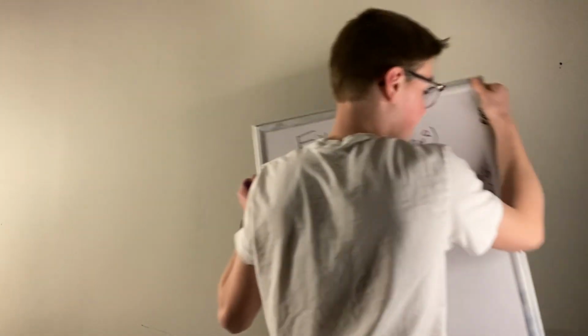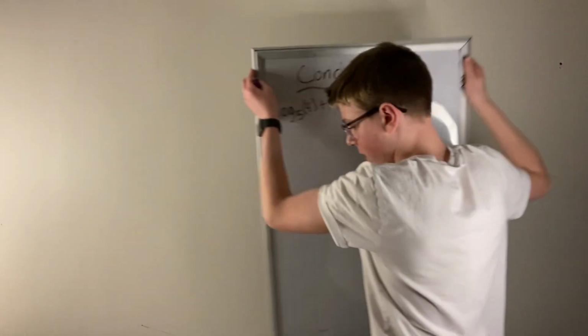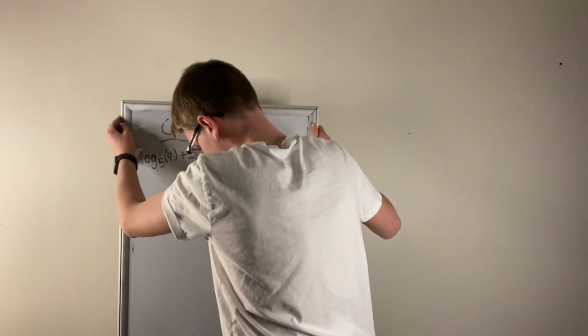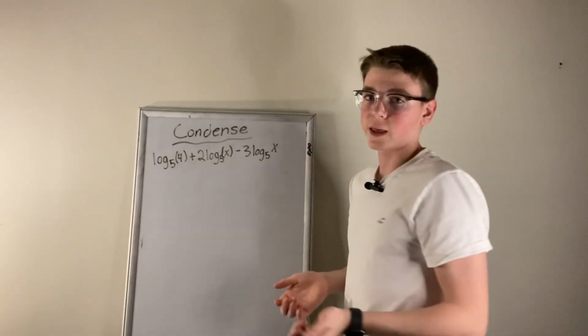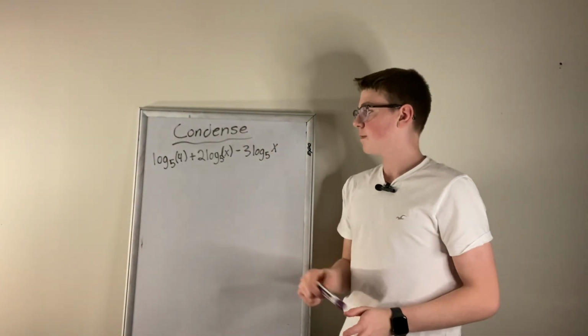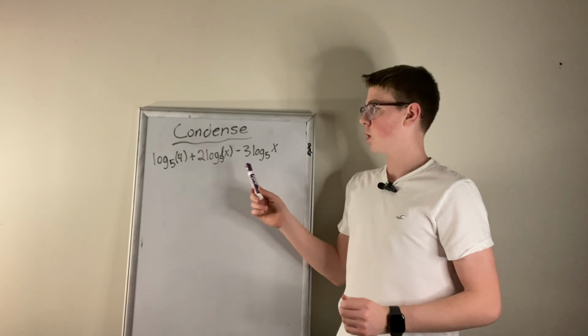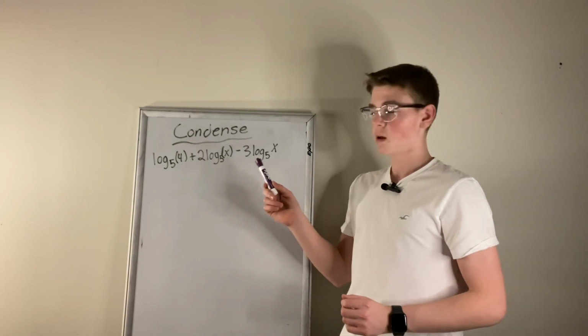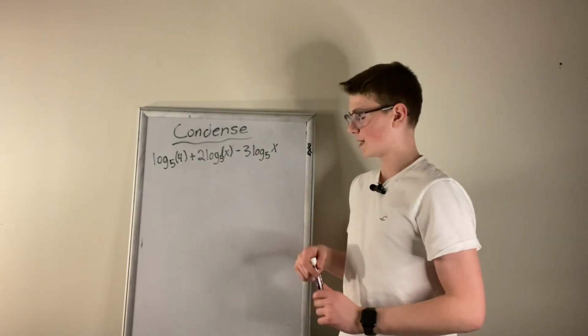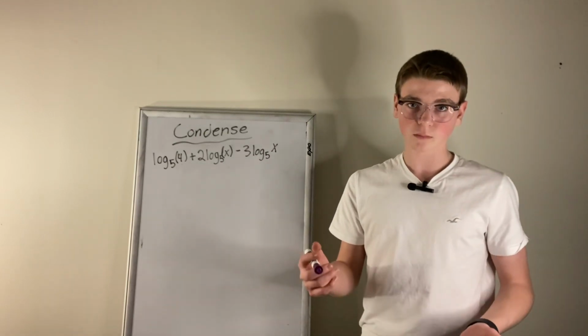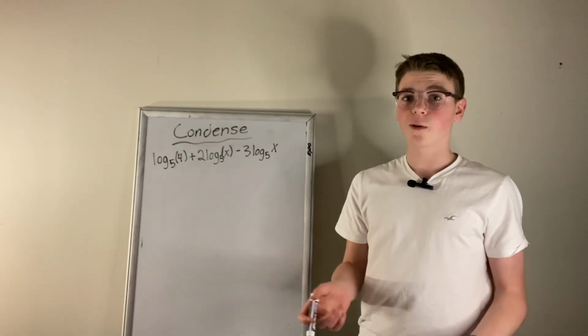Now we are going to condense an expression, and this will be the last thing we are doing in this video today. So condense. What are we condensing? Log base 5 of 4 plus 2 log base 5 of x minus 3 log base 5 of x. So how are we going to condense this?